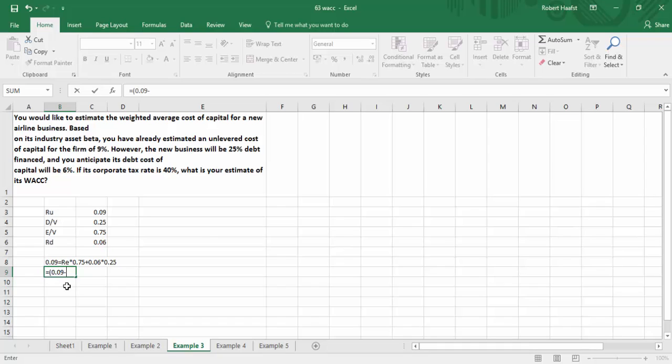We move it to the left side, so it will be minus 25% times 6% divided by 75%, which is 10%.